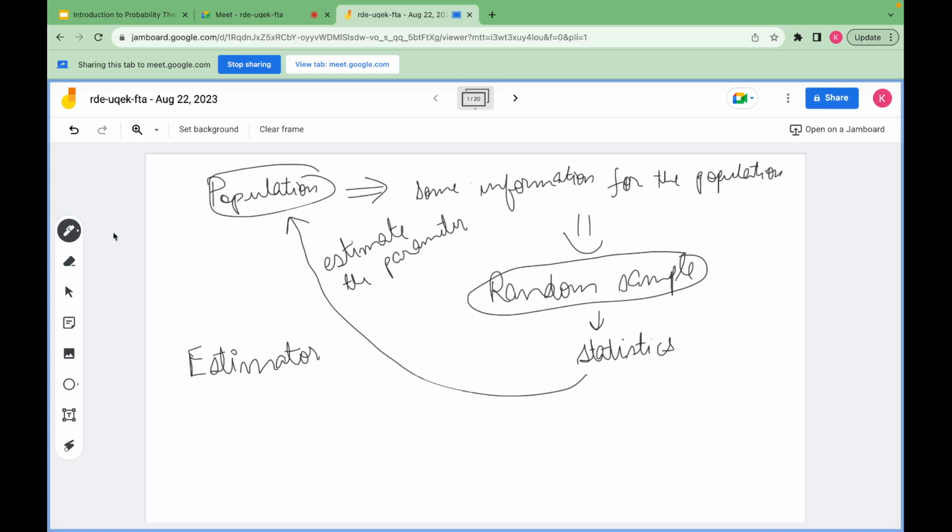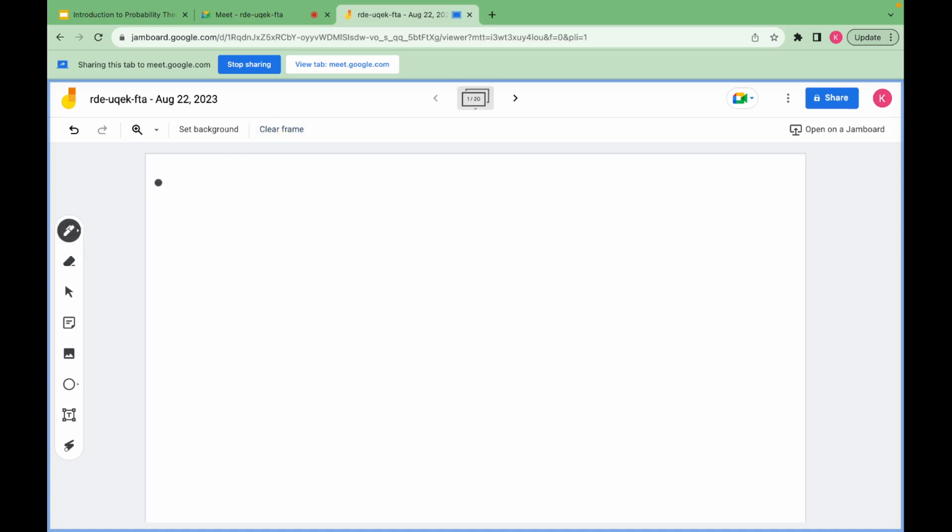So to find point estimators, we have these methods of estimation.